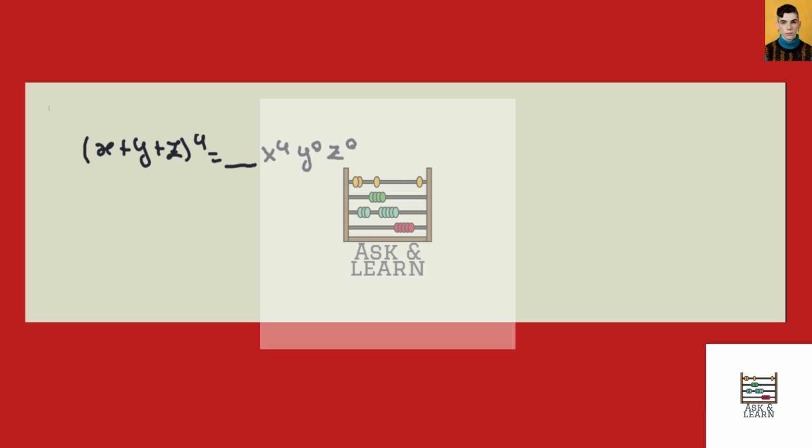We have to select these 4 elements, in this case x, x, x, x, where the x's are indistinguishable, the y's are indistinguishable, and the z's are indistinguishable. That can be done in only one possibility.